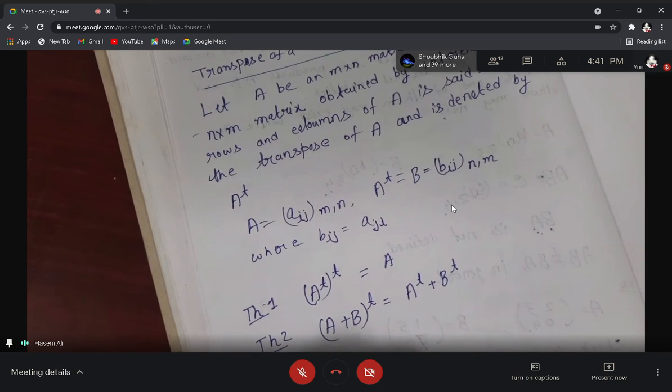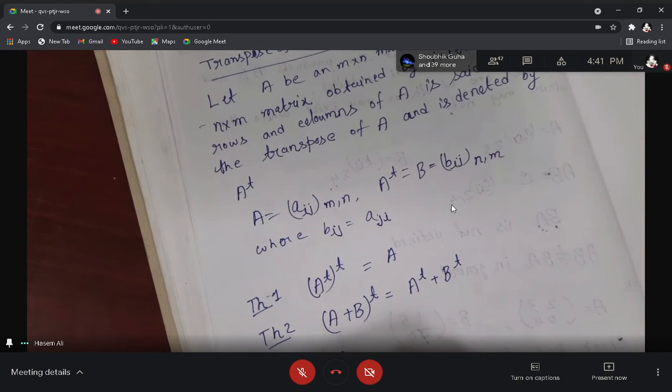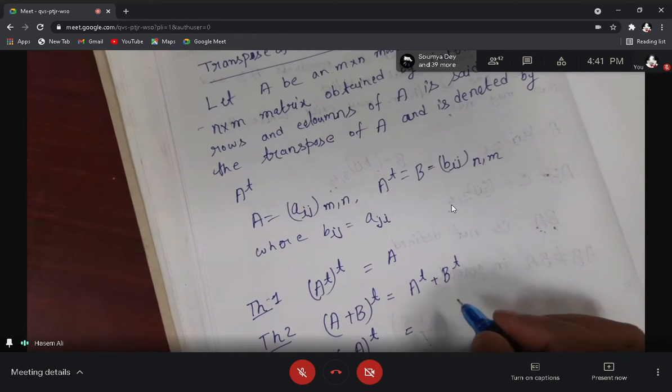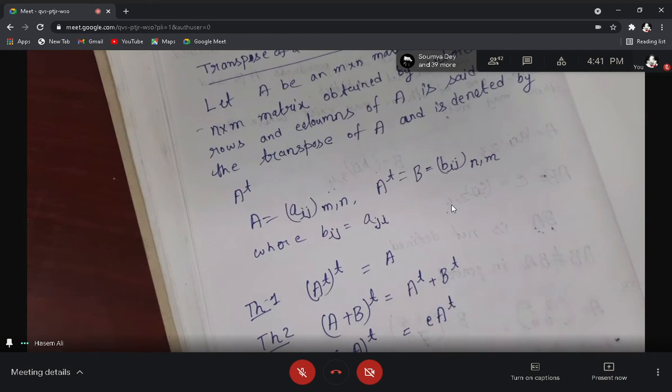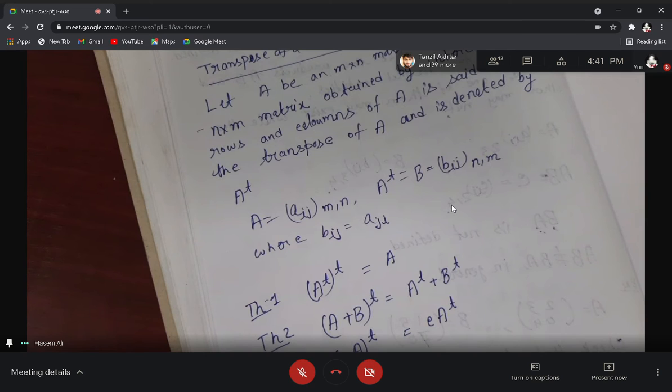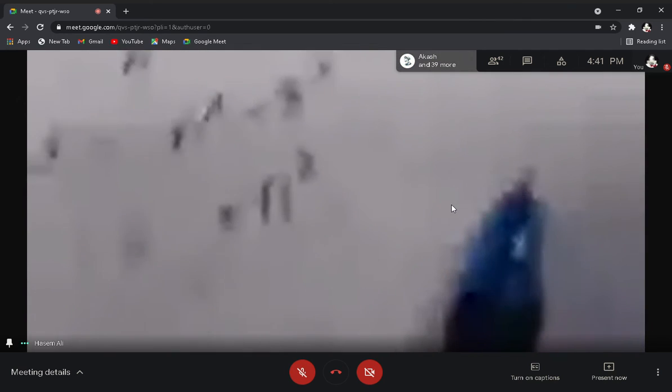And theorem 3: C the scalar, (CA) whole transpose is equal to C times A transpose, C is scalar.